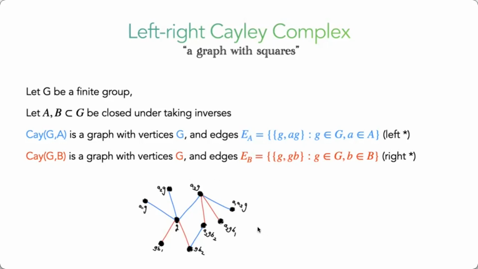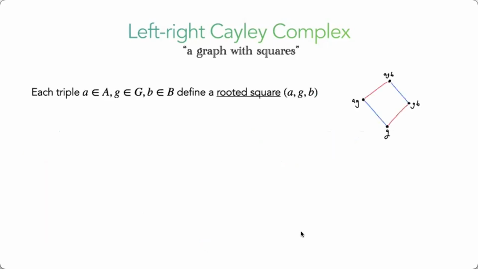In the picture, I have these as blue edges and red edges. And you can already see that this causes these cycles to close, because from G you can first do left multiplication, then right, or you can do it vice versa. And this will give us the squares. So I'm going to define it now.